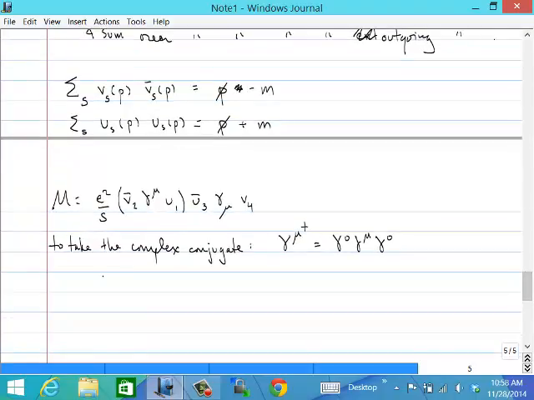So if you want to take the complex conjugate of an expression that has a spinor times gamma mu times another spinor, you just take the dagger of all of the various spinors that appear here.